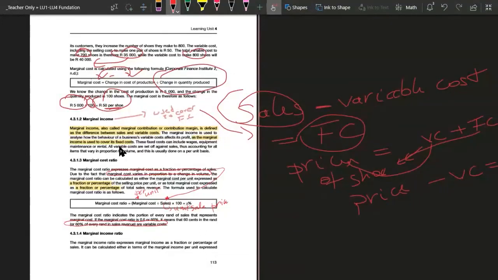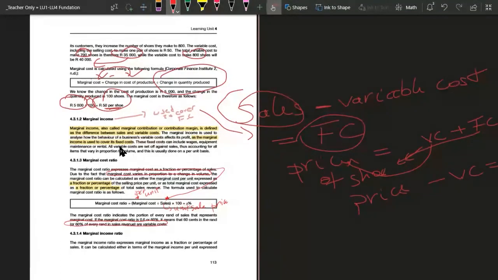Why is that marginal income important? Because that marginal income will help us to deal with everything that is fixed cost. Basically, when we get that marginal income, we want to be able to pay our rent and those things that we incur before we even start production. As an entrepreneur, you're going to be worried about how to break even, because I need to pay rent for my shop.